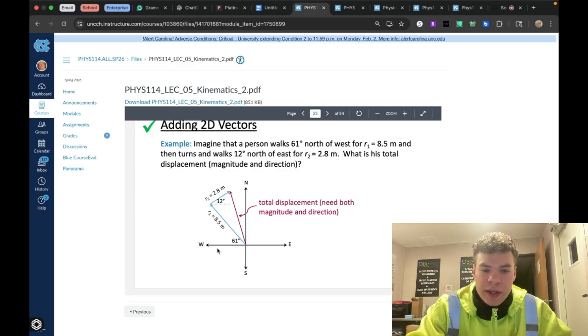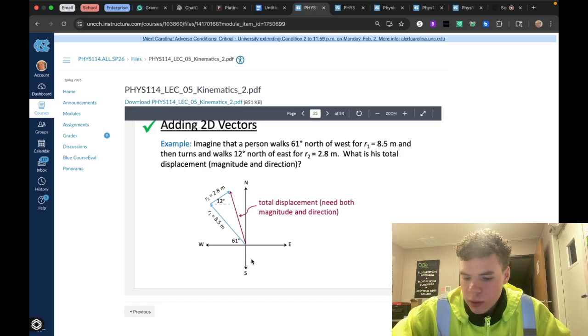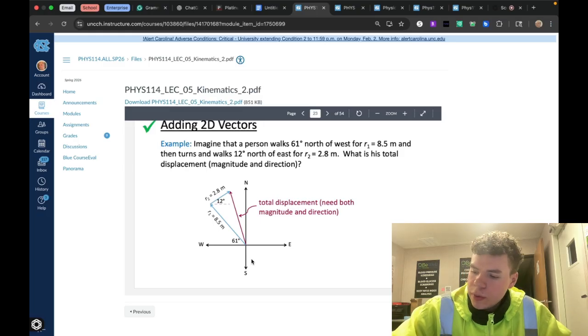So we know that this distance down here, by taking 8.5 cosine of 61, so 8.5 cosine of 61 is equal to 4.12, and 8.5 sine of 61 is equal to 7.43.